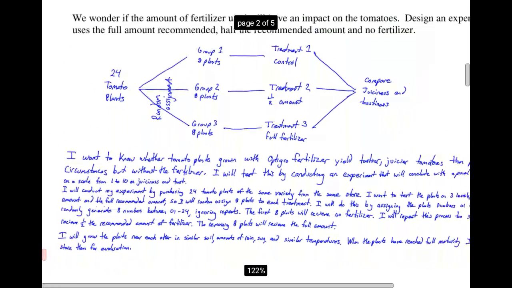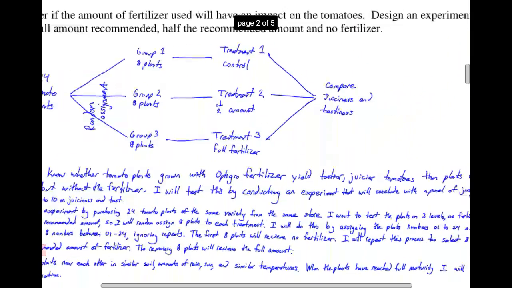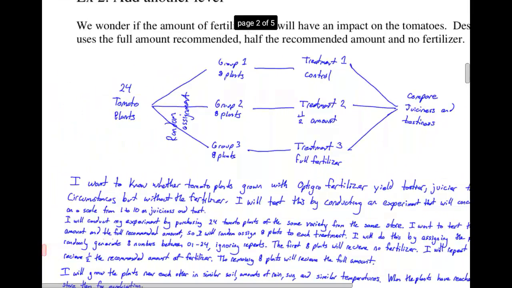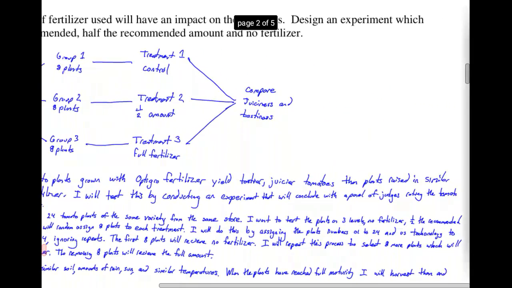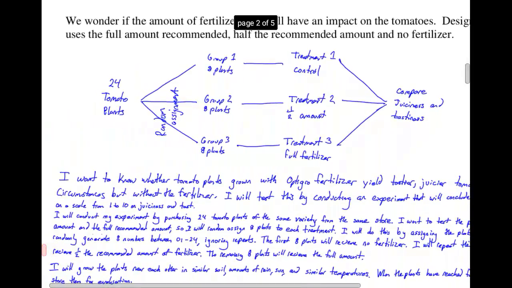Okay, so again, I want to know whether tomato plants grown with Optigrow fertilizer yield tougher, juicier tomatoes than plants raised in similar circumstances, but without the fertilizer. I'll test this by conducting an experiment that will conclude with a panel of judges rating the tomatoes on a scale from 1 to 10 on juiciness and taste.